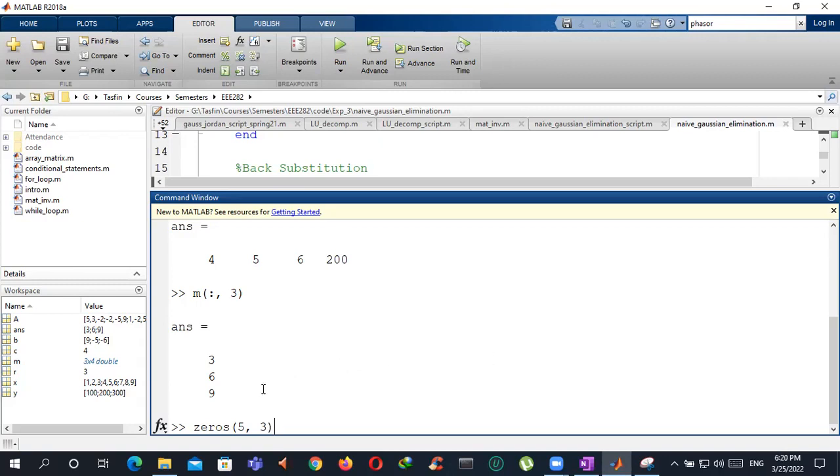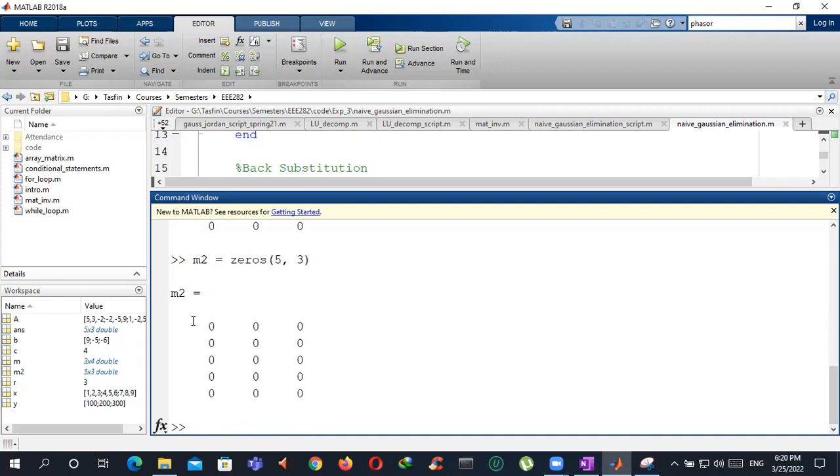So this zeros function will help us to initialize a matrix with 5 rows and 3 columns. Okay, so if I hit enter, then you will see a matrix has been initialized. You can give any name to this matrix. So let's assume I'm giving the name of the matrix as M2 or whatever.